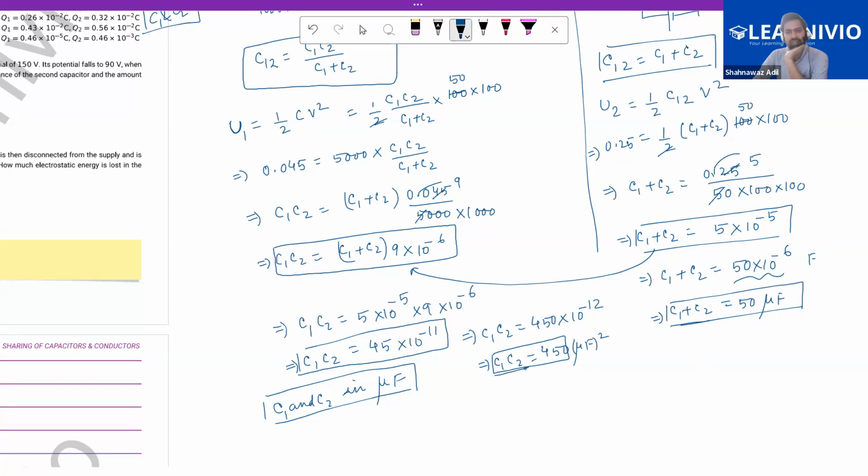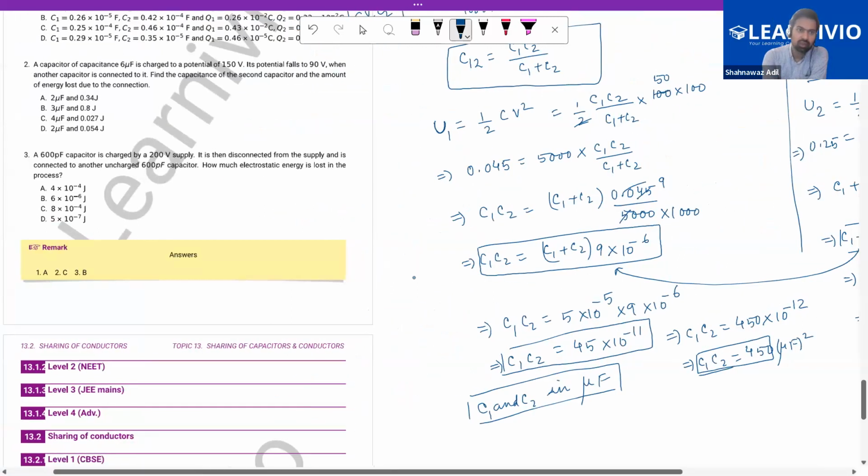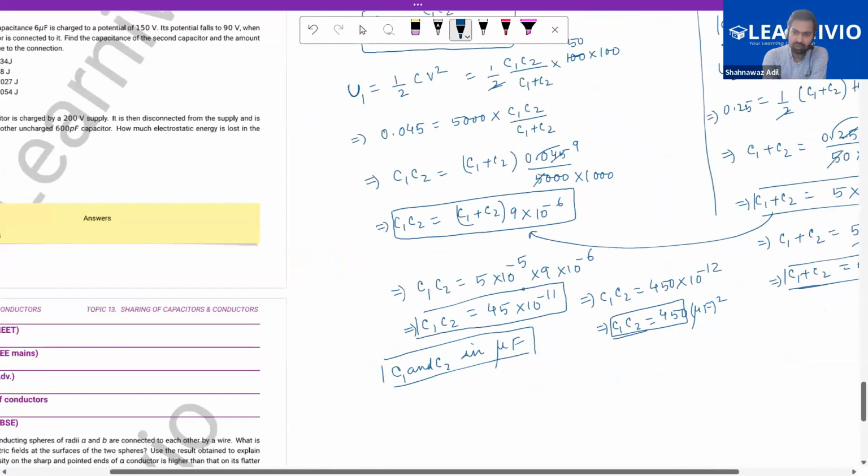Have you done this kind of calculation before? If you have A plus B, if you have A into B, can you calculate something? There is an important identity. So let me talk about that.